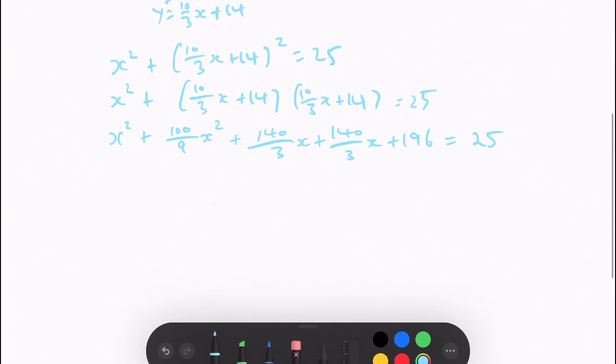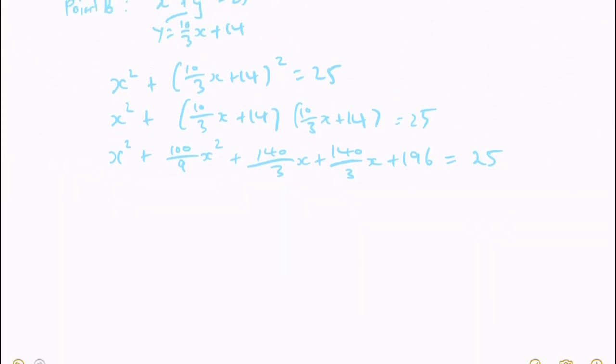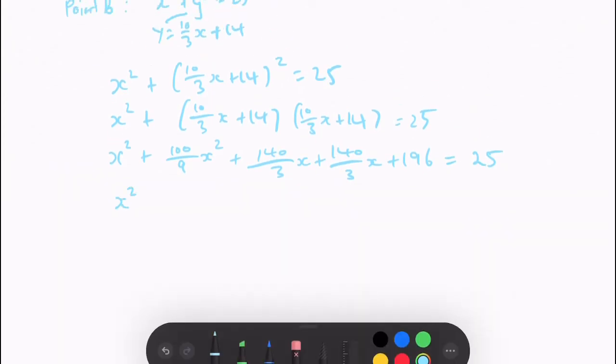Now I'm going to convert the fractions into decimals. So x squared plus 12.111 plus 46.66666 x plus another 46.6666 plus 196. 196 is from 14 times 14, by the way.